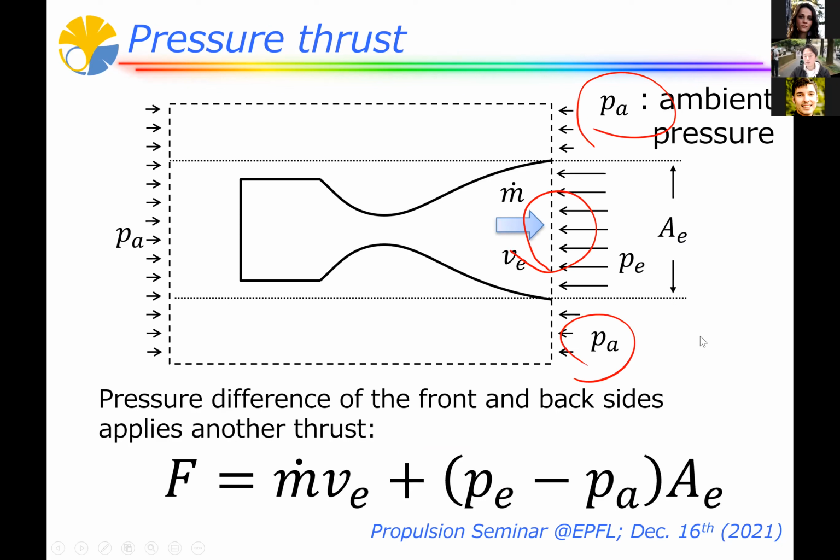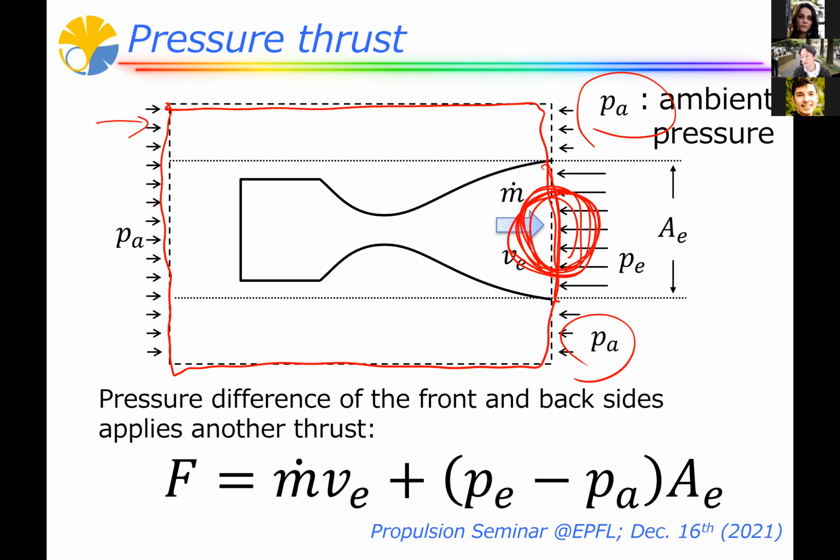When you think about this kind of test volume, all the surfaces get pressure from the ambient. However, only this surface, the exit plane, has a different pressure, P_e. And this pressure difference generates thrust.